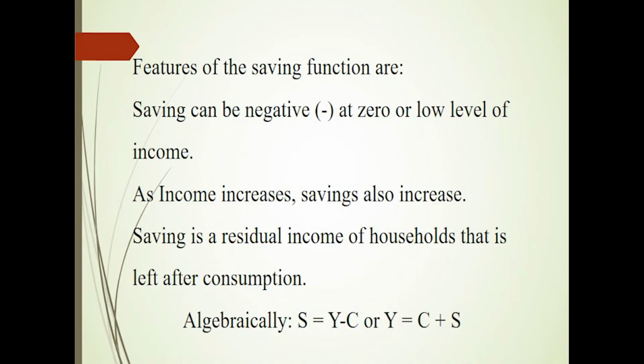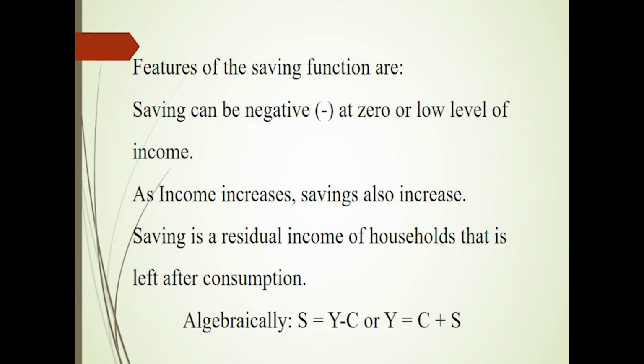When income equals consumption expenditure, then saving is 0, due to the low level of income. As income increases, saving also increases, as saving is the residual of households, that which is left after consumption is going to be saved.